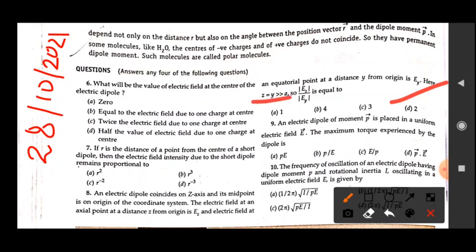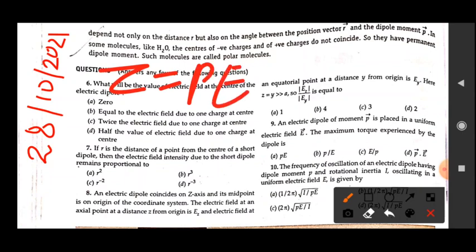Now the next question: an electric dipole of moment P is placed in a uniform electric field E. The maximum torque experienced by the dipole is, as you know, the torque experienced by the dipole is given by tau equal to pE sine theta.